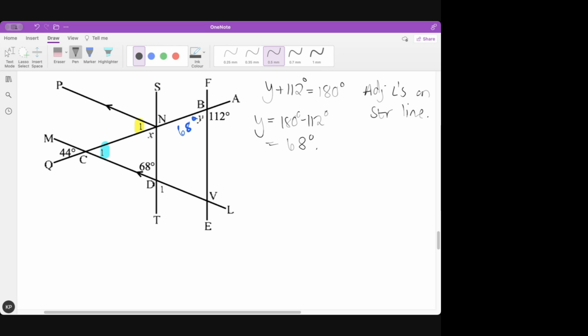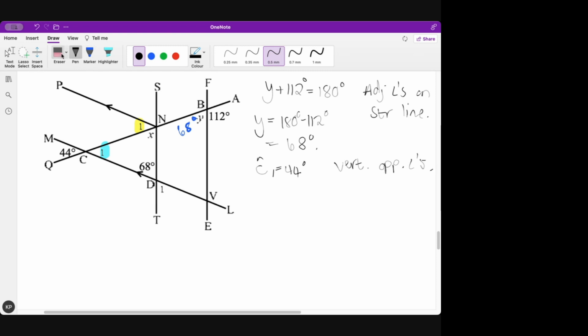It is 44 degrees. What is my reason for that? Yes, they are vertically opposite. Okay. So I can say angle C1 is 44 degrees. These are vertically opposite angles.